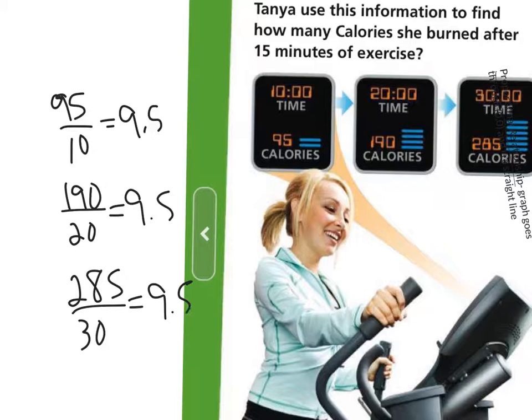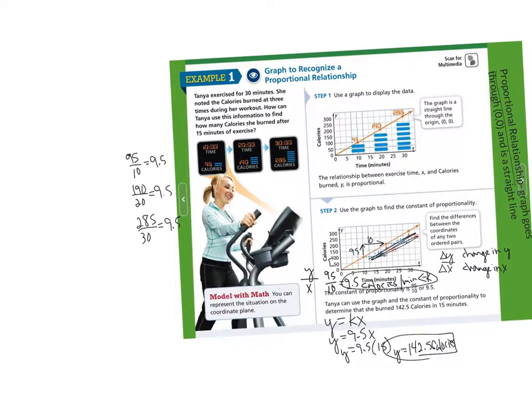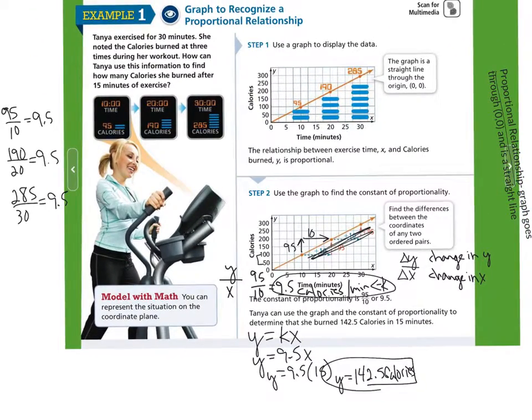So that would technically be an easier route of doing this problem than what the book's doing, but what they're doing is valuable information for us for some other things that we'll do later on. And so by finding that the constant of proportionality is 9.5 calories per minute, you could then just take 9.5 times 15 and you'd be done with the problem. So less work than what they're doing here, but again, there's some valuable information that we can get out of what they did.